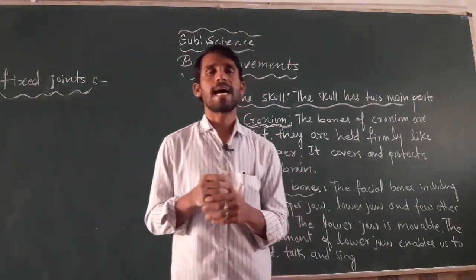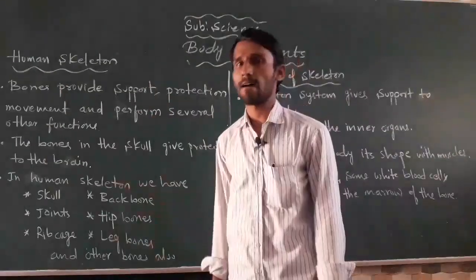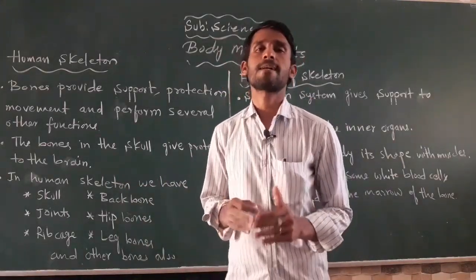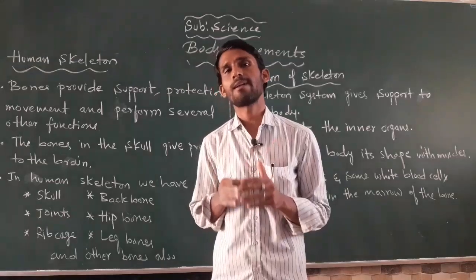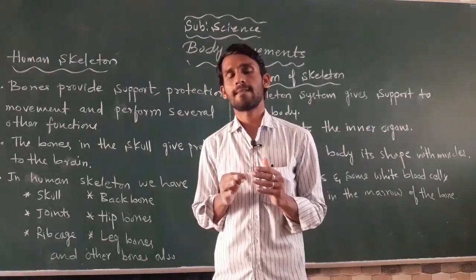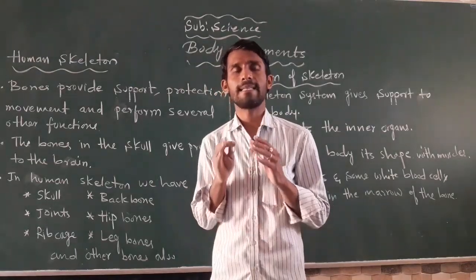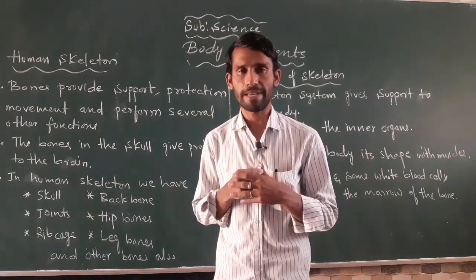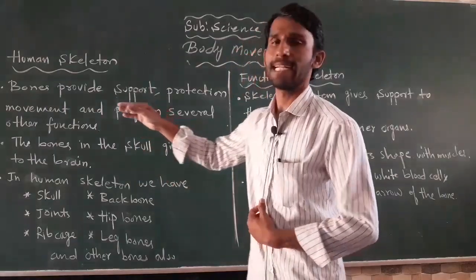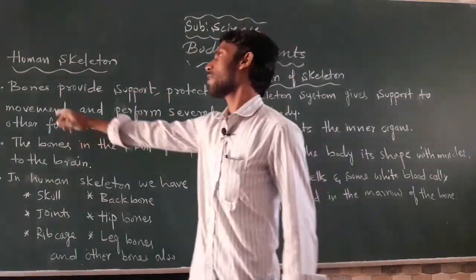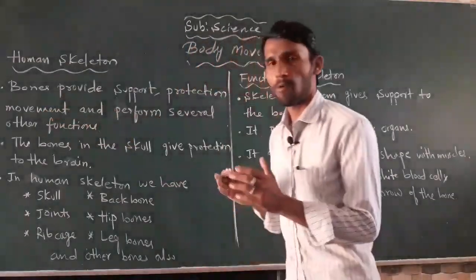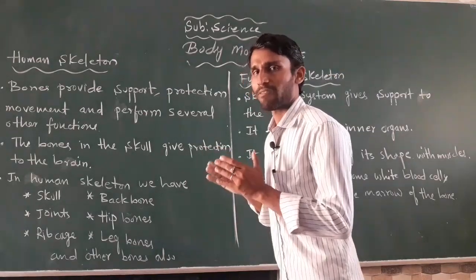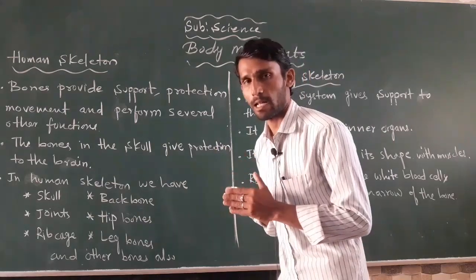Dear friend, next I am taking your next point, the human skeleton. Dear friend, the human skeleton system is also very important. It gives shape to our body, and this skeleton system protects the inner organs of our body. See some points related to the human skeleton system. Bones provide support, protection, movement and perform several other functions also.